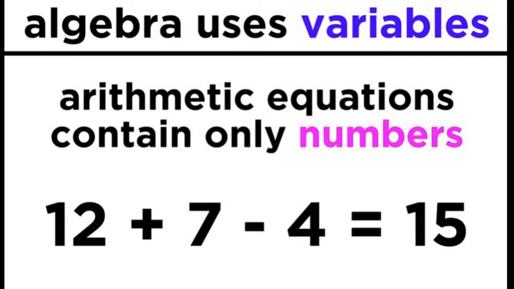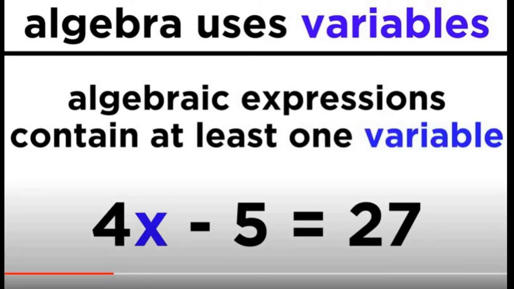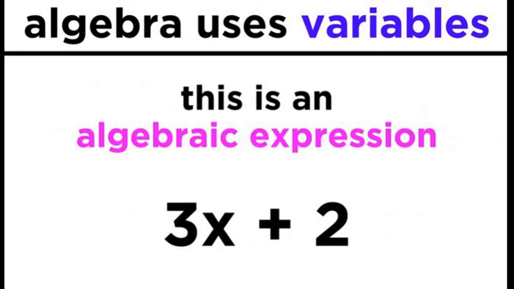Where arithmetic equations simply contain numbers and operations, an algebraic expression will always include one or more variables as well as some numbers and operations.